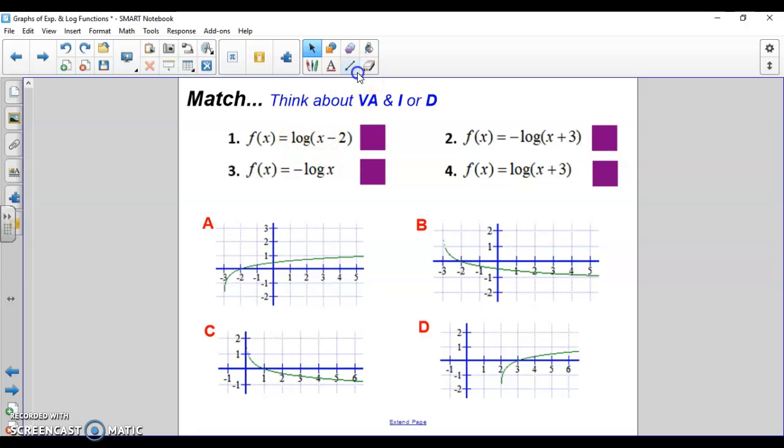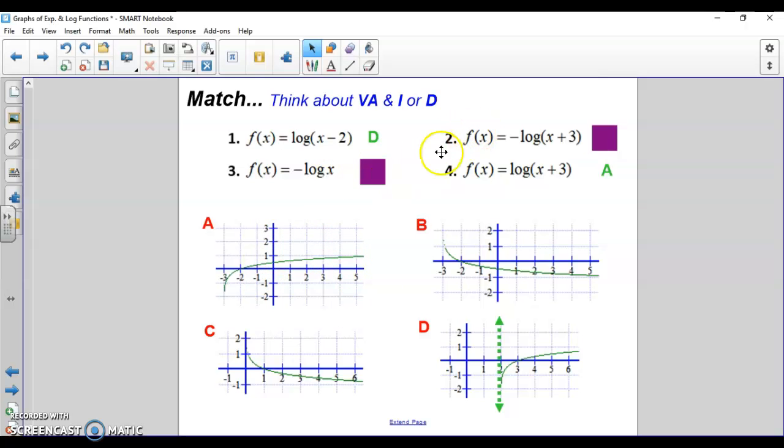Vertical asymptote is what I'm going to focus on though. Vertical asymptote of this first one is positive 2. It got shifted right 2. So which one of these graphs between A and D got shifted to the right 2? Well, this vertical asymptote is at 2. That answer is D. Let's just go to 4. 4 is A. That's the only other increasing one there. So we got a 50-50 shot between those two.